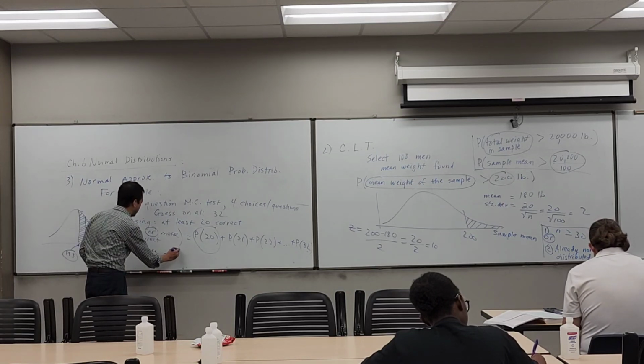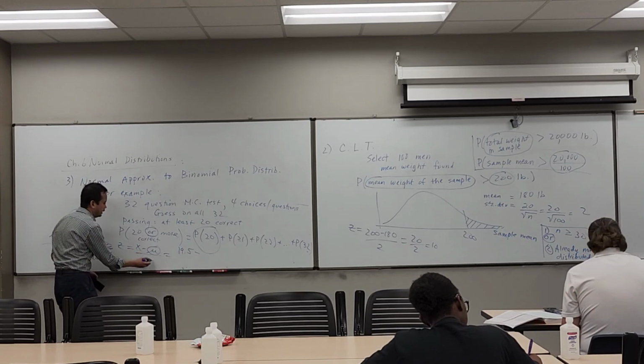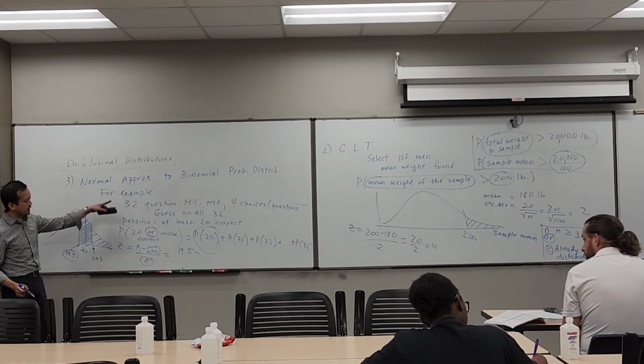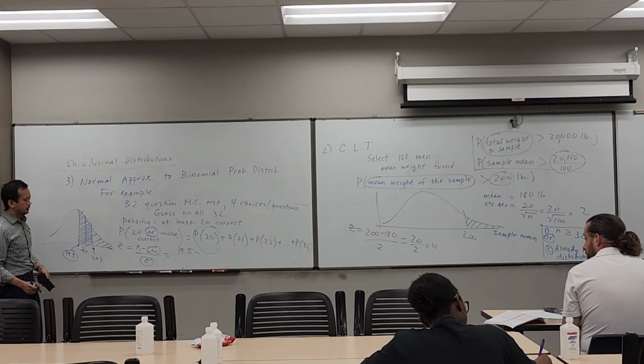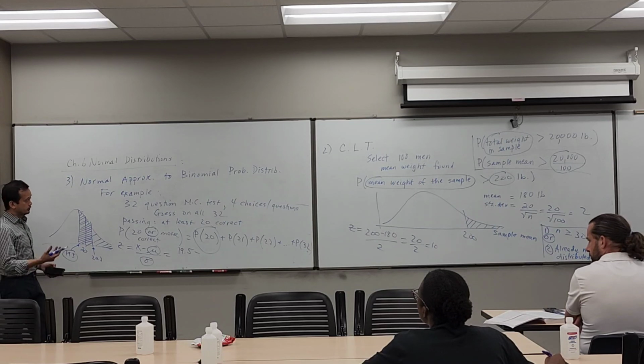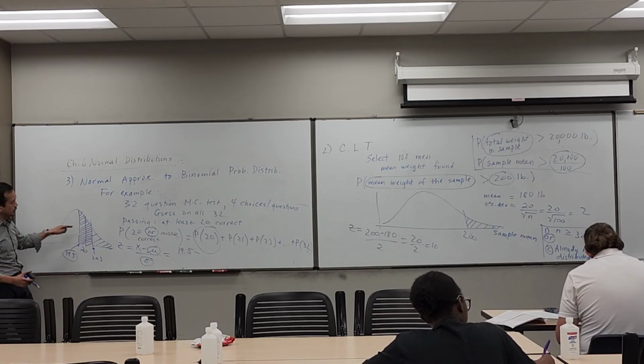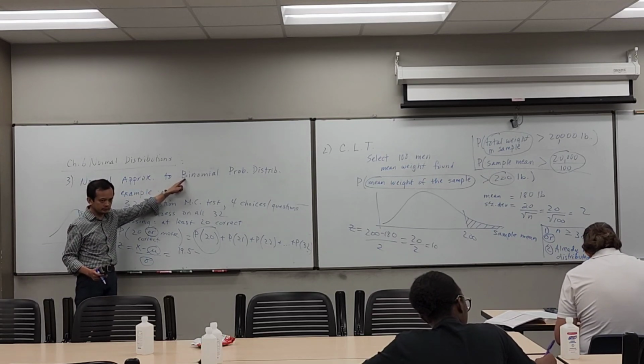So 19.5. And then how do you find the mean and standard deviation? Notice that it's not given to you explicitly. The square root of npq. Very good. So it turns out that this is a bell curve approximation onto the actual binomial probability distribution.